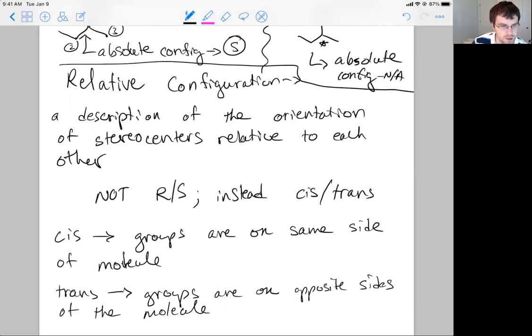Cis and trans are used quite a bit in fatty acid chemistry and fatty acid description. Many times you will have heard the term trans in the context of trans fats. We'll talk about those later on in the semester, but it's not related here.